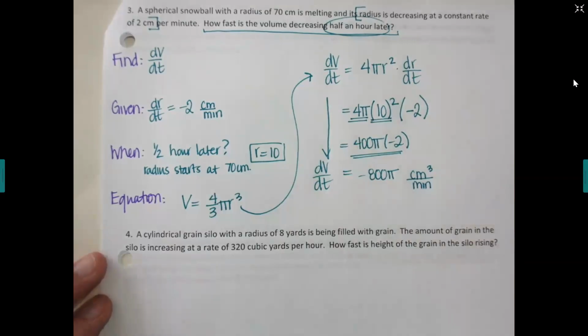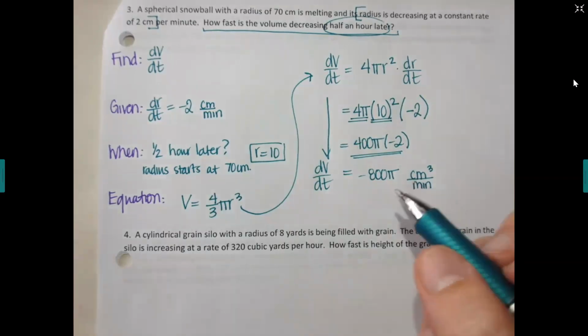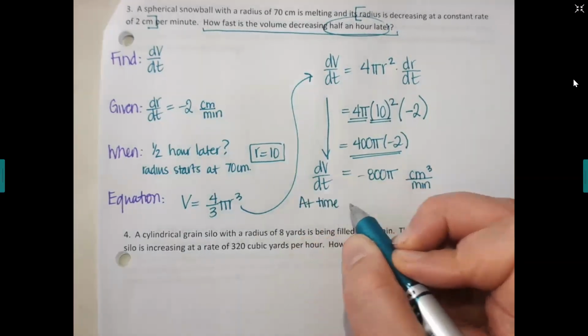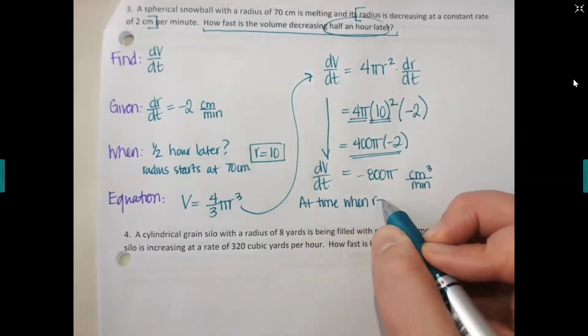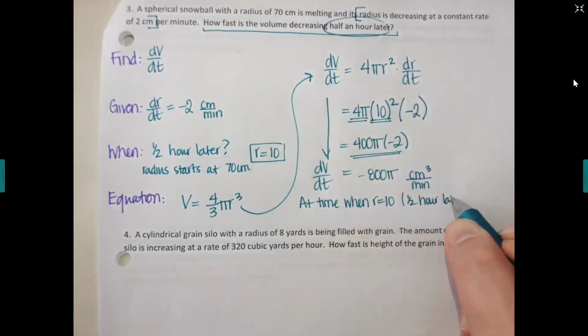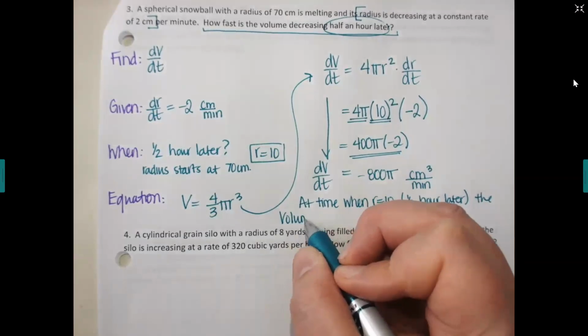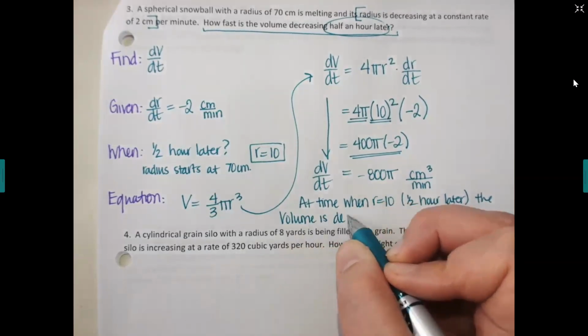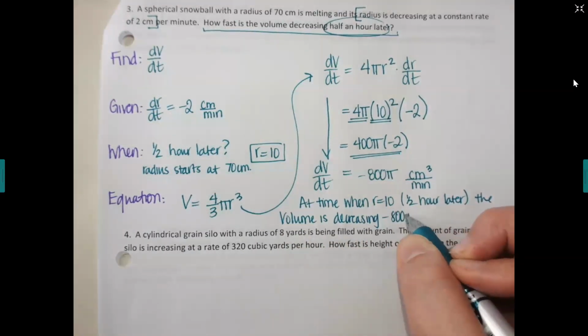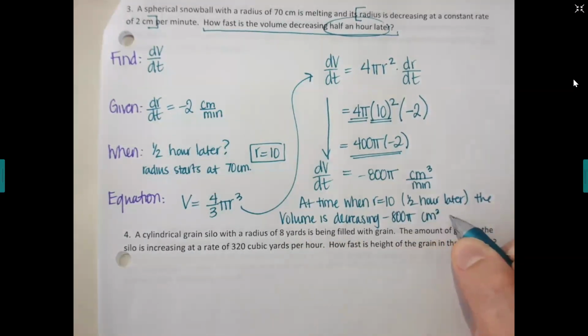Then I want you to write your little sentence on this one, so that we can put the pieces back together on what we just found. At the time when the radius is 10, and then I'm going to put half an hour later, the volume is decreasing negative 800 pi cubic centimeters each minute.